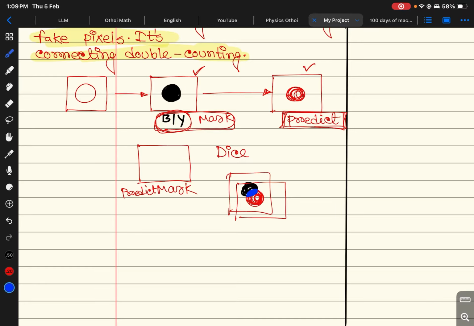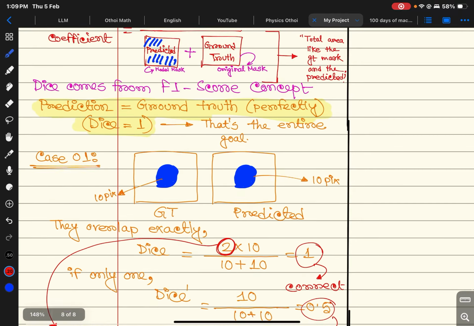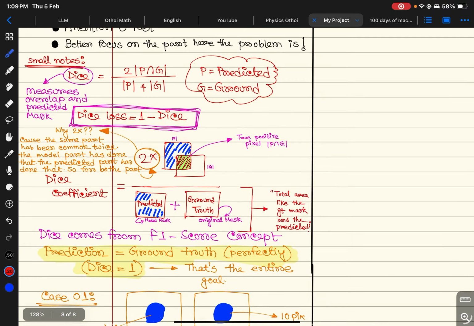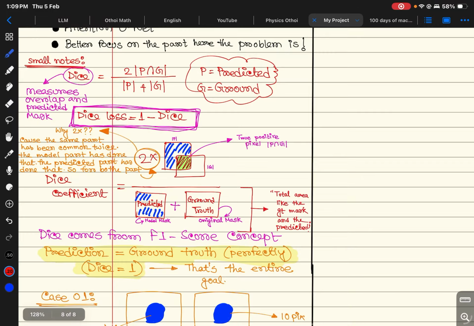So what dice does is it measures the overlap between the predicted and the actual mask that has been given.